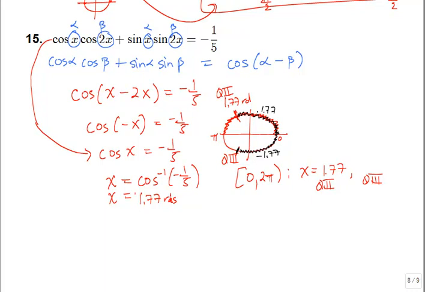So we can use that to our benefit, because to get to this point here, we can do all the way to 2 pi, and then we can subtract off this 1.77, so take away this amount from the 2 pi, and that should land us right where that little blue mark is. So the way that I'm going to get this quadrant 3 angle is I'm going to take 2 pi minus 1.77.